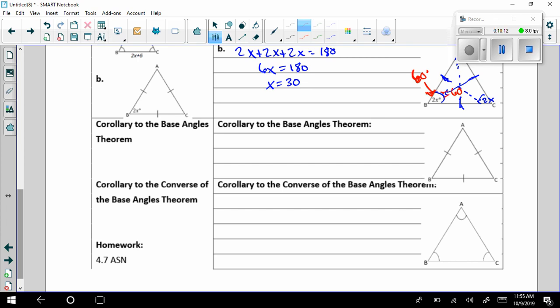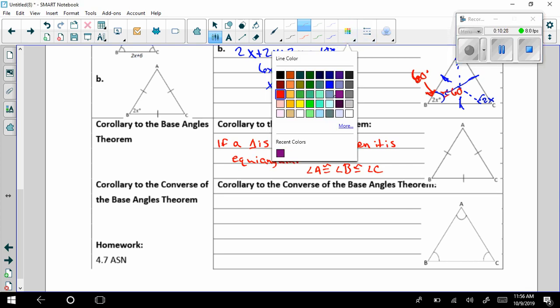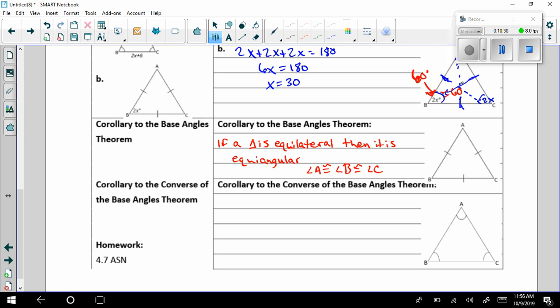All right, so your base angles theorem and your corollary converse of the base angles theorem are the last two things I'm going to fill in here. Okay, so it pretty much uses what I was just talking about, the fact that up here it was equilateral, so we knew that all these angles were the same. If a triangle is equilateral, then it is also equiangular.